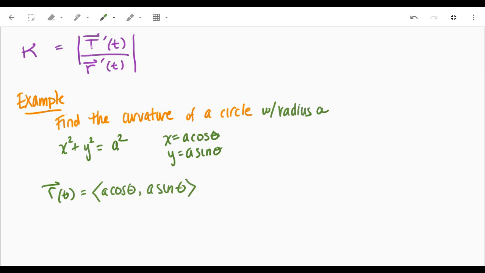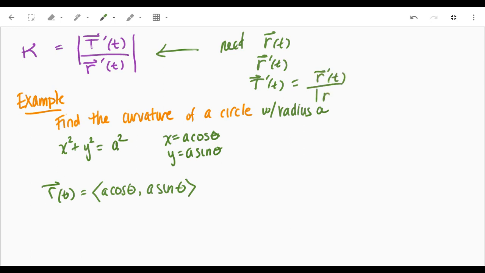So we need to figure out a few things here. We need r of t, so we can get r prime of t. And then we need T of t, which is r prime of t over the magnitude of r prime of t.